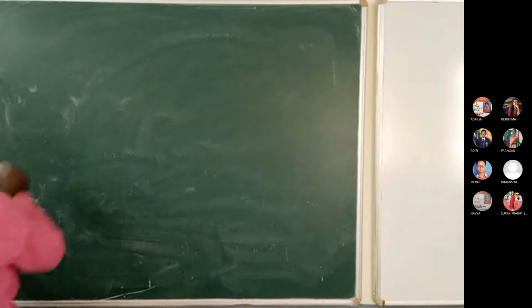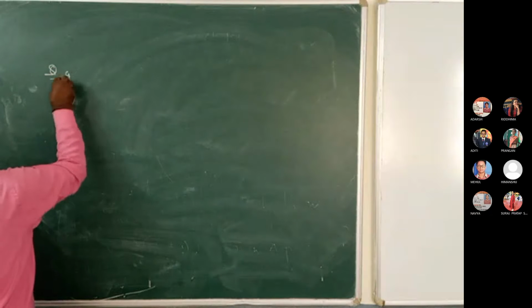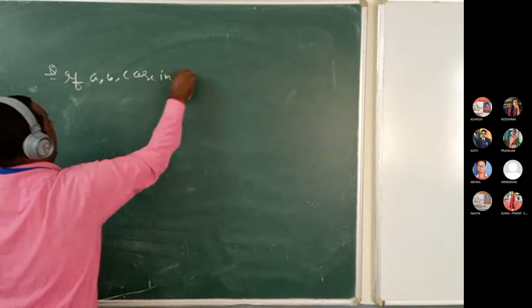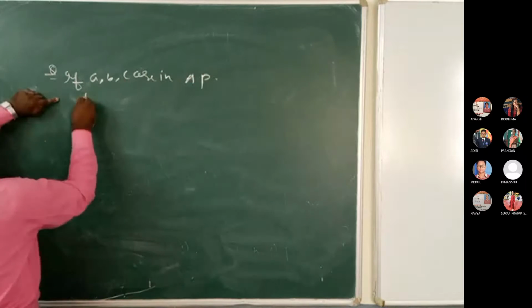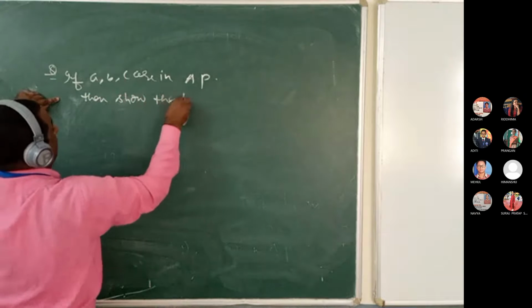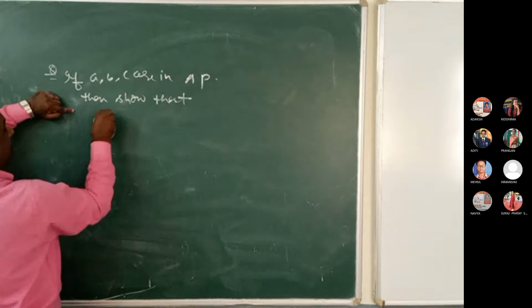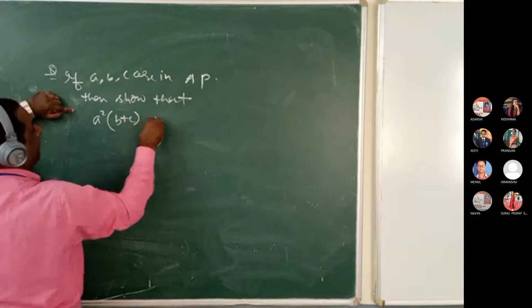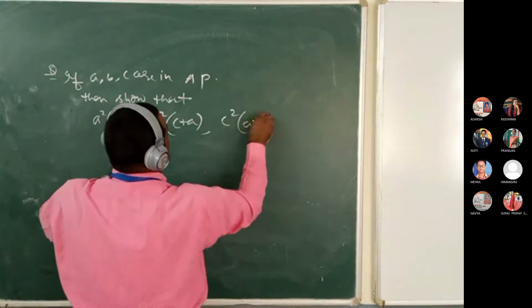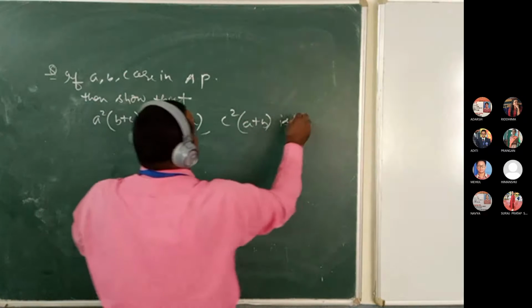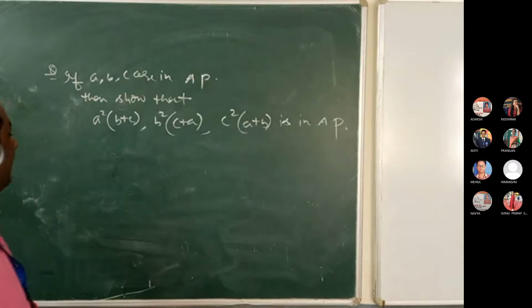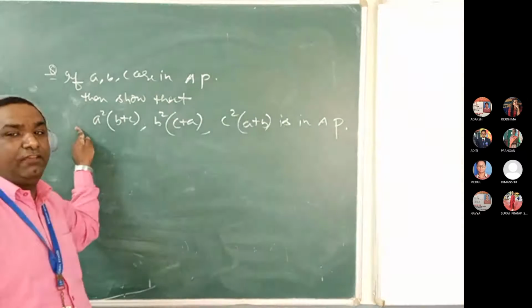Question is, if A, B, C are in AP, then show that A squared (B plus C), B squared (C plus A), C squared (A plus B) are in AP.